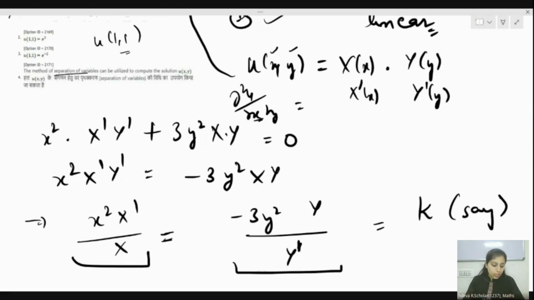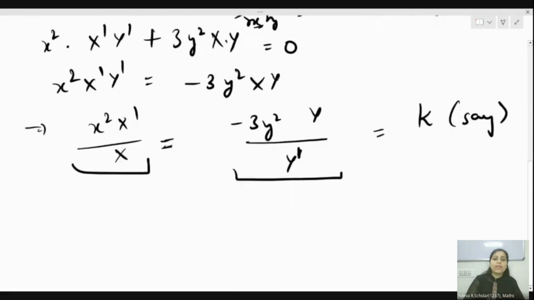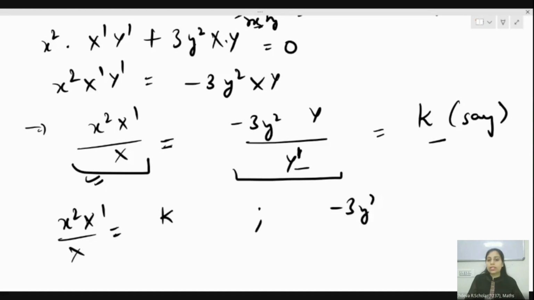This is the only option here. Now taking one by one, take first equal to k and then second equal to k. x² X' upon X is equal to k, and the other equation is Y' upon Y is equal to k.